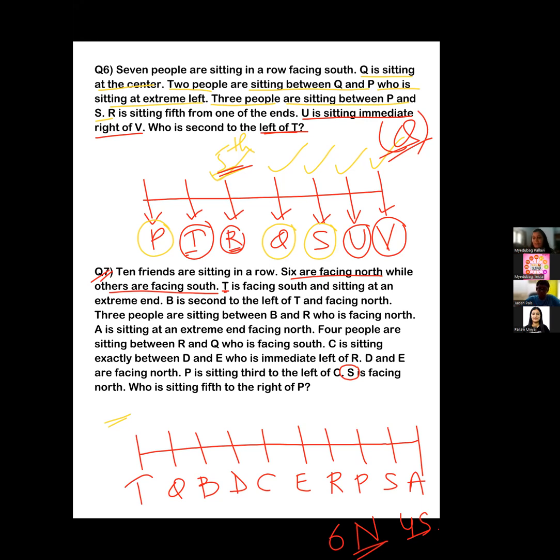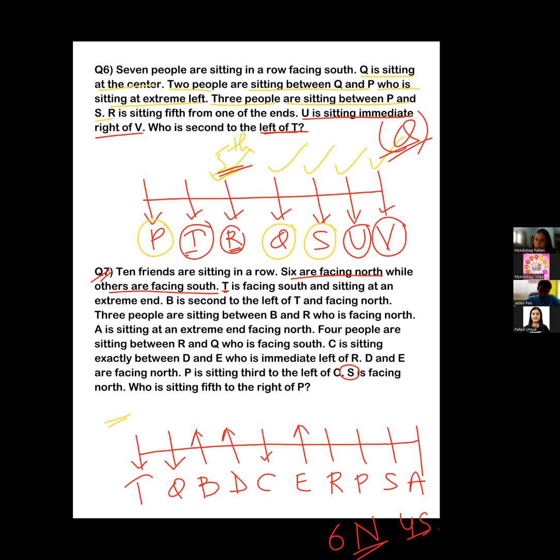And also tell me the directions. T is facing south. Q is also facing south. D and P are facing north. Then C is facing south. E is facing north.